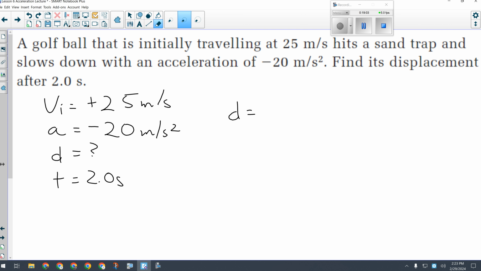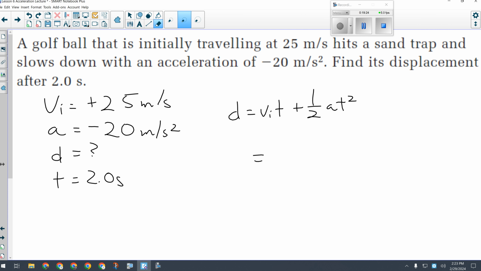VI. Okay, so VI times T plus 1/2 AT squared. Okay, now T is in 2 places in that formula, so we have to use it twice. But we are looking for D in this particular question, which means no algebra for this one. We're just plugging in numbers.